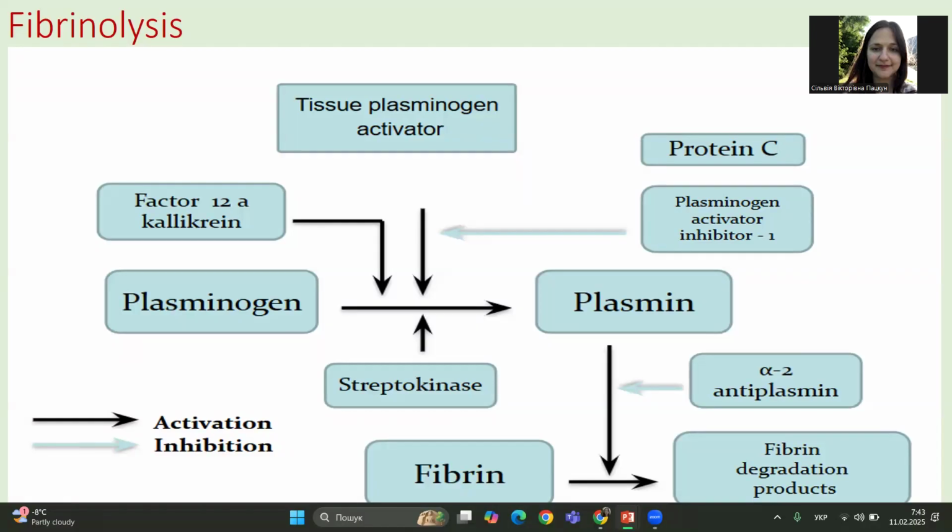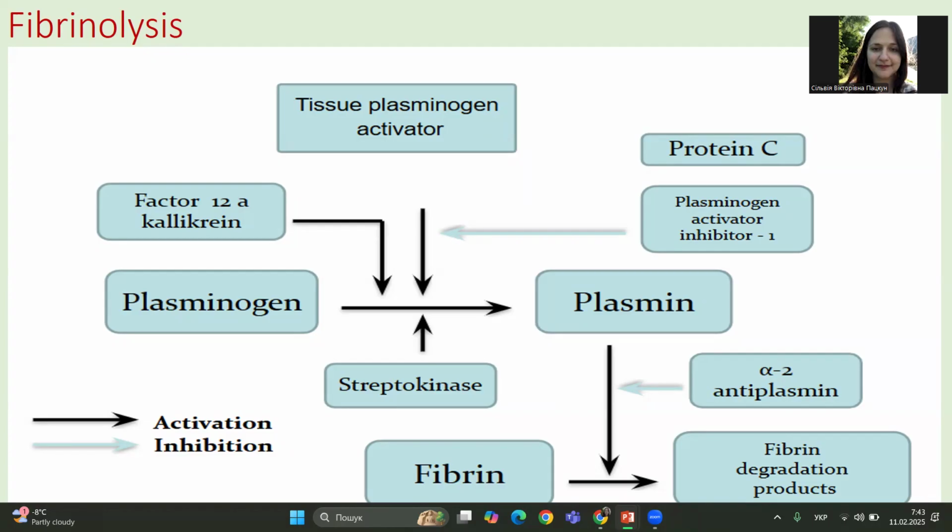Fibrinolysis. Plasmin is activated from plasminogen by factors such as factor 12, activated kallikrein, protein C. Plasminogen is transformed to plasmin. Streptokinase also activates this.